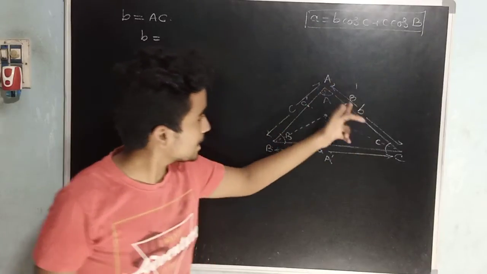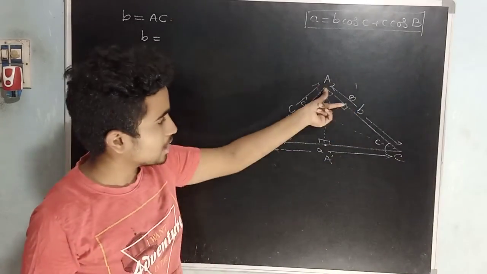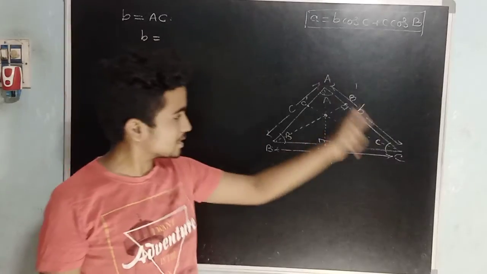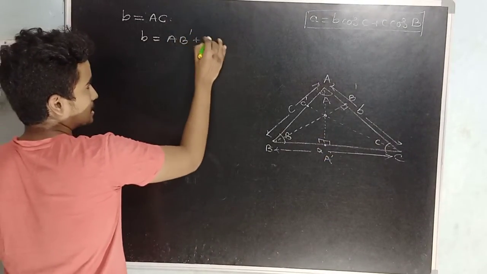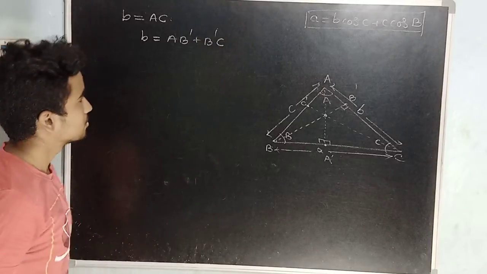AC is nothing but AB dash plus B dash C.